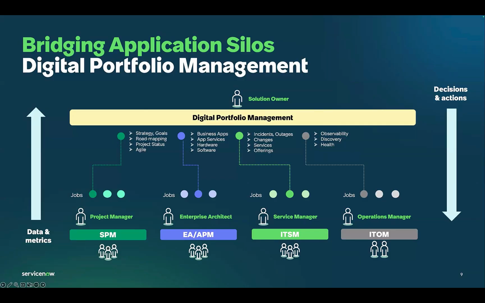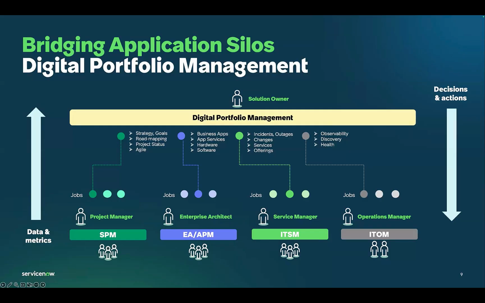A solution owner is someone who wears multiple hats in an organization. The responsibilities could be those of a portfolio manager, a product owner, or a service owner. They are responsible for ensuring that the strategy is driven properly from ideation to execution.